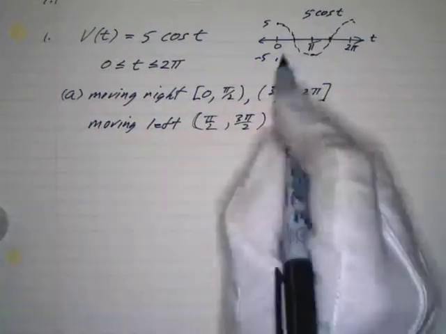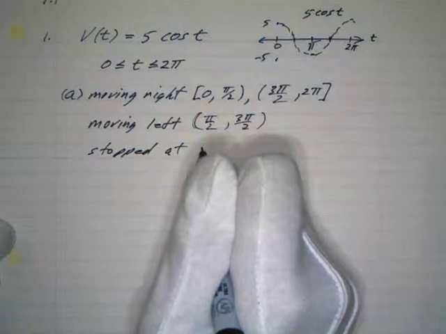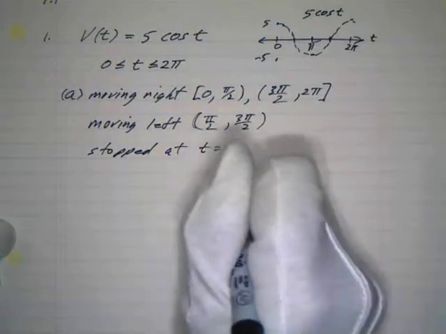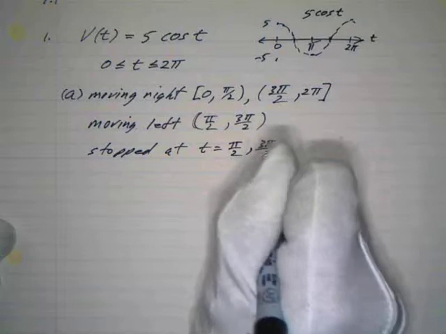Then it's stopped whenever the velocity is 0, and that's here at pi over 2 and 3 pi over 2, so we can say it is stopped at t equals pi over 2 and 3 pi over 2. That's when the cosine is 0.